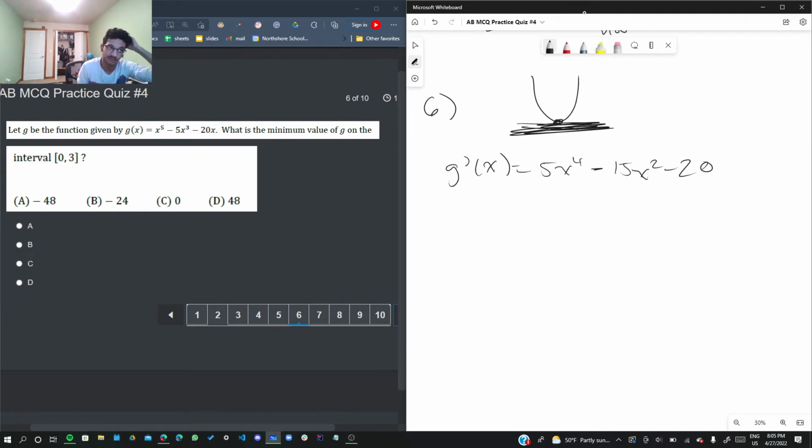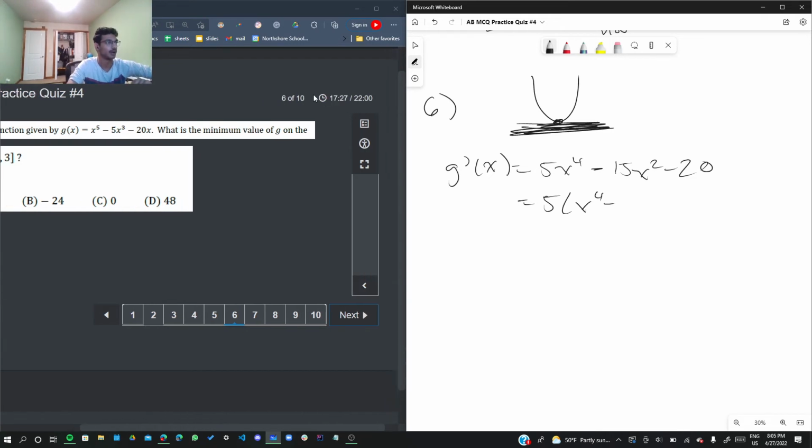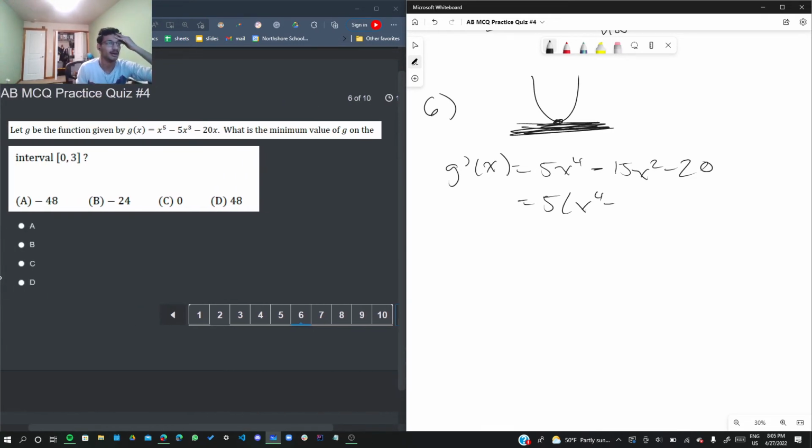Try to find when this equals 0. This is a fun one. This is going to factor out the 5, so we have x squared minus... okay, I need to really speed up here. 3x squared... so now we're left with x squared plus 1 and x squared minus 4.